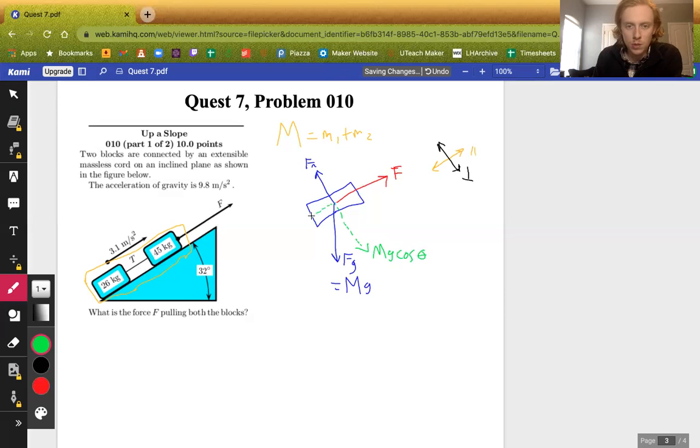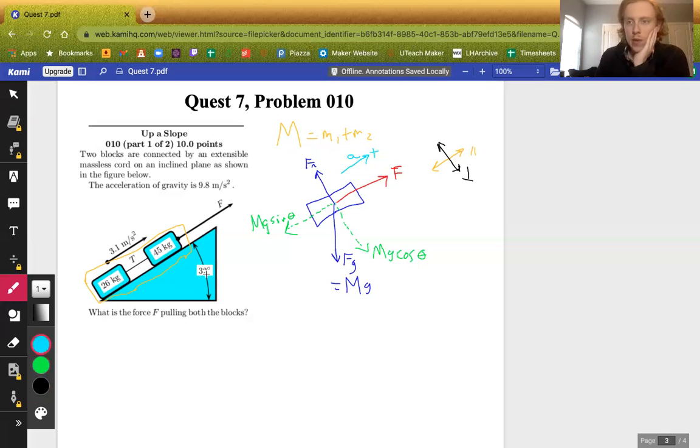And this one that points down the ramp is going to be capital M times g times the sine of the angle. Now everything is parallel or perpendicular to the ramp, so we can begin to solve. One thing we know is that the acceleration points up the ramp, so I'm going to call that our positive direction.